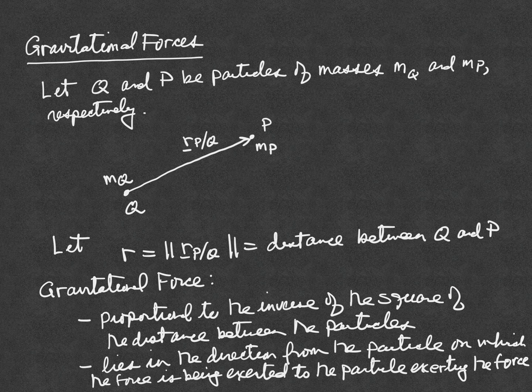Now what that means is that we'll put this on another page just to be a little bit clearer with the direction of the force. So once again, here are the two particles.